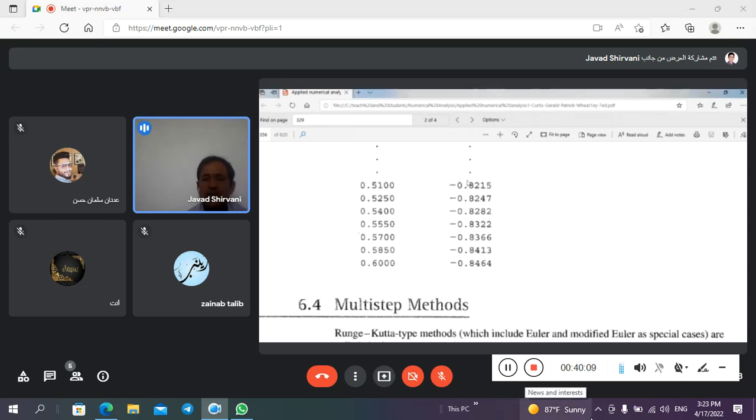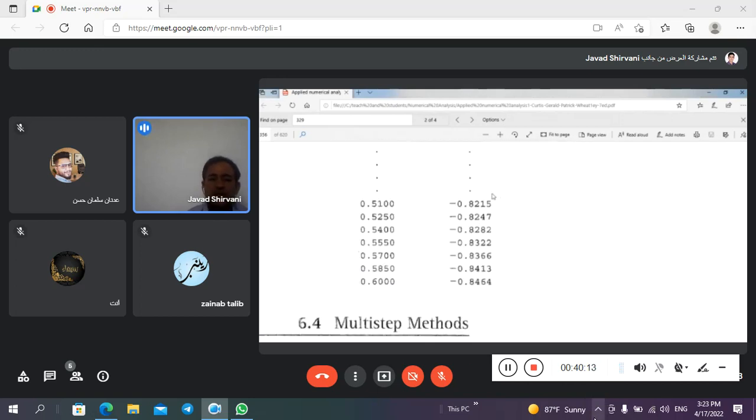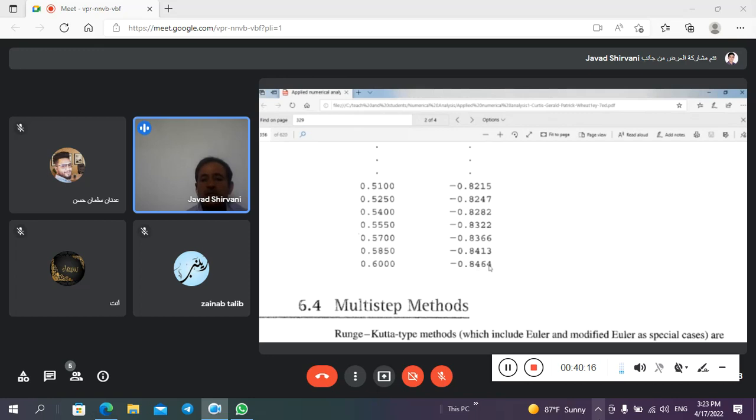You can see the values in the book, the solutions, 0.8464, as we computed here in MATLAB.